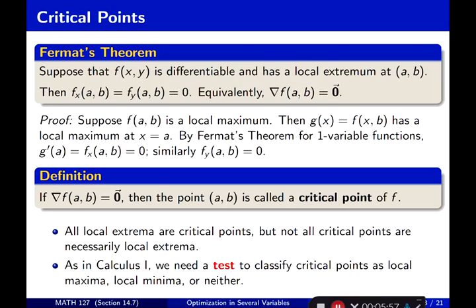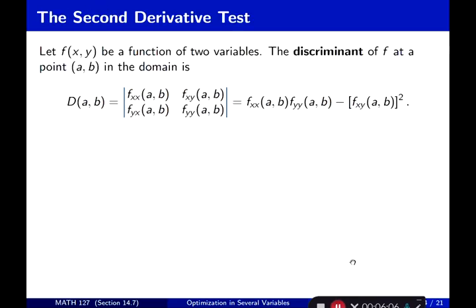As in calculus 1, we need a test to classify critical points as local maxima, local minima, or neither. The second derivative test.